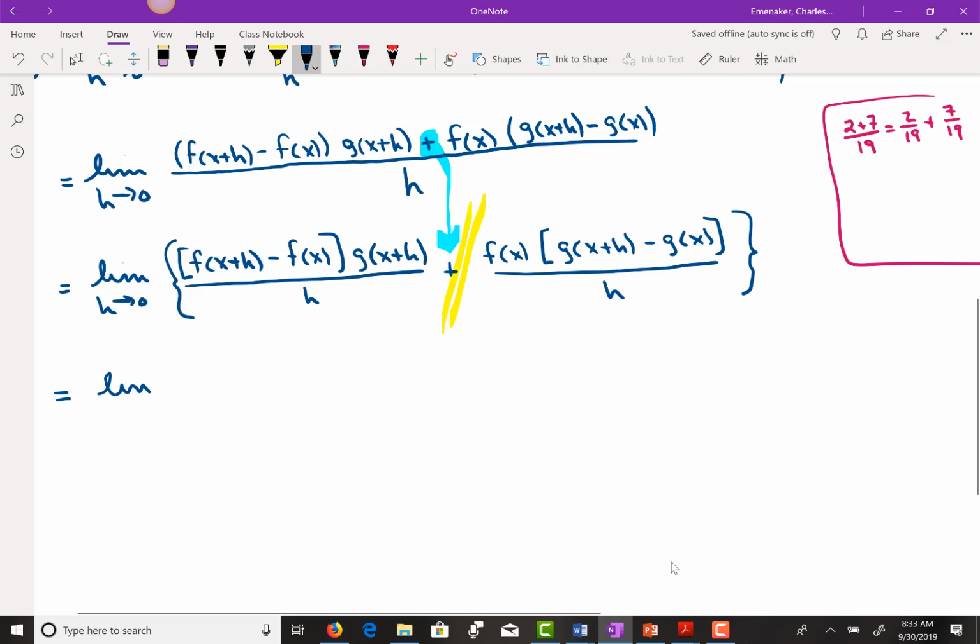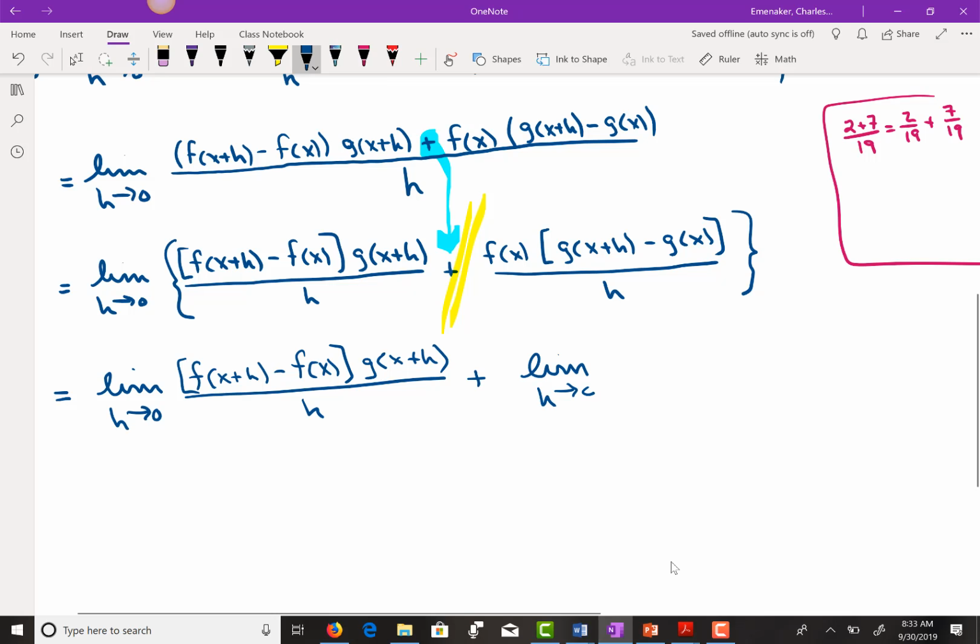We can rewrite this as the limit as h goes to 0 of f of x plus h minus f of x, that whole deal times g of x plus h, all over h, plus, now I'm going to apply the limit to the second fraction, and we're going to have our f of x times g of x plus h minus g of x all over h. Yeah, this is definitely easier than just memorizing the product rule.